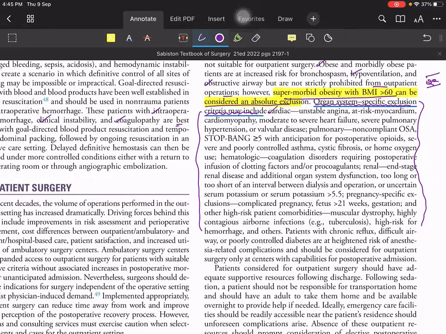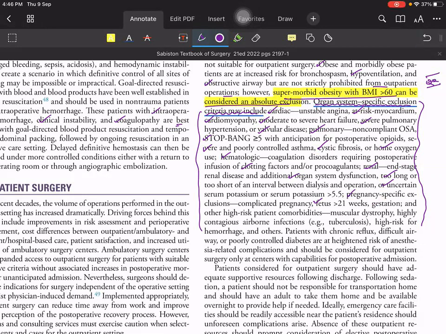When the patient has cardiac unstable angina, at risk myocardium, cardiomyopathy, moderate to severe heart failure, severe pulmonary hypertension, valvular disease, non-compliant OSA, STOP-BANG more than 4 with anticipation of post-operative opioids, severely and poorly controlled asthma, cystic fibrosis, home oxygen use, hemolytic disorders, clotting disorders, end-stage renal disease, dialysis, uncertain serum potassium or serum potassium more than 5.5, and pregnancy specific exclusions, fetus greater than 21 weeks gestation.